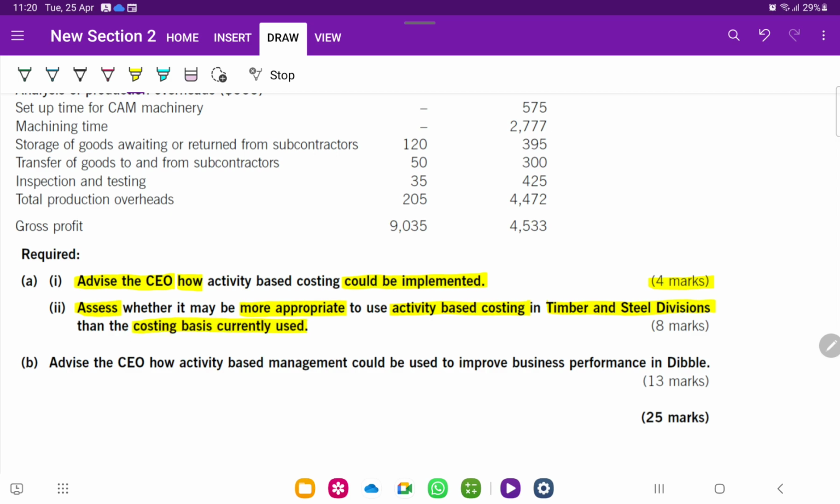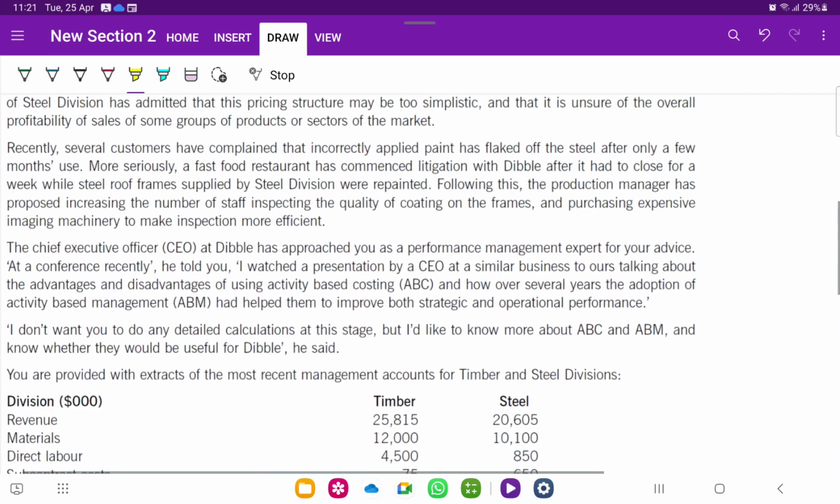So actually, currently used is mostly absorption costing, right? Because ABC is usually compared with absorption costing. So probably you are supposed to deal with this idea of comparing if ABC is more accurate compared to the costing system which the company is currently using, right?